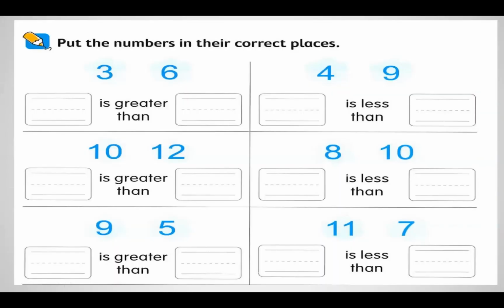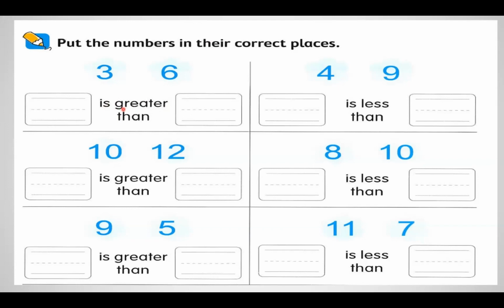Okay, put the numbers in their correct places. So we are going to read the word, then see what the meaning of this word is and choose the number to put it. For example, here we have numbers 3 and 6, and the word here is greater than. Greater means he asked about the big or the small number.